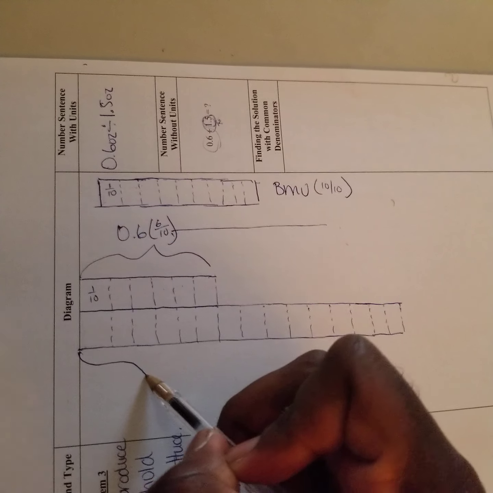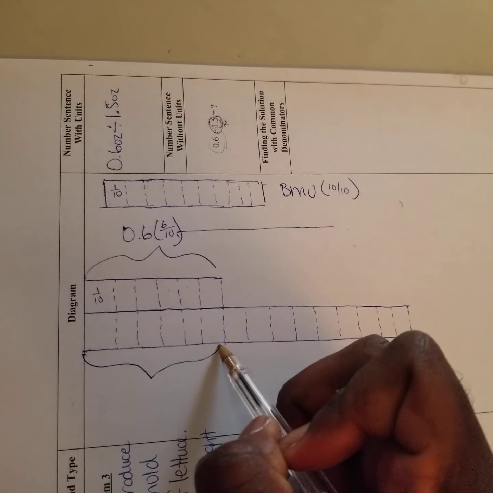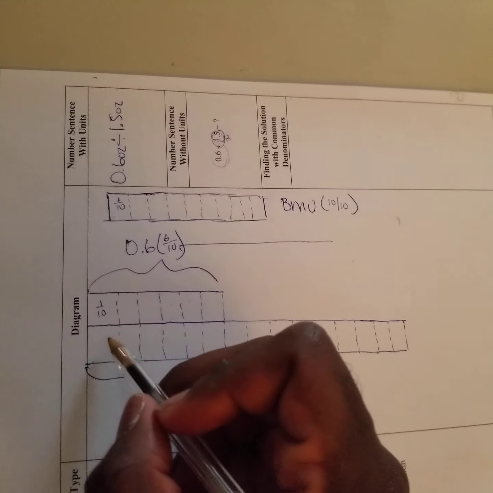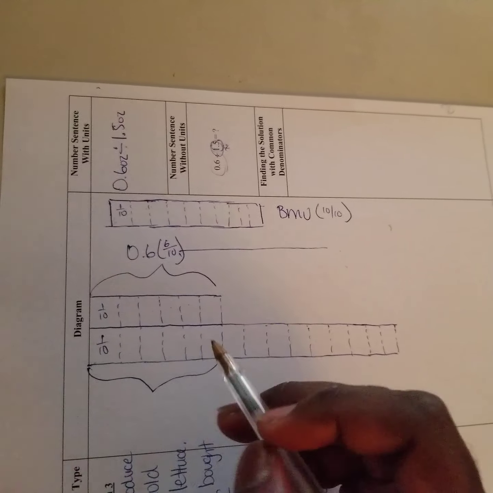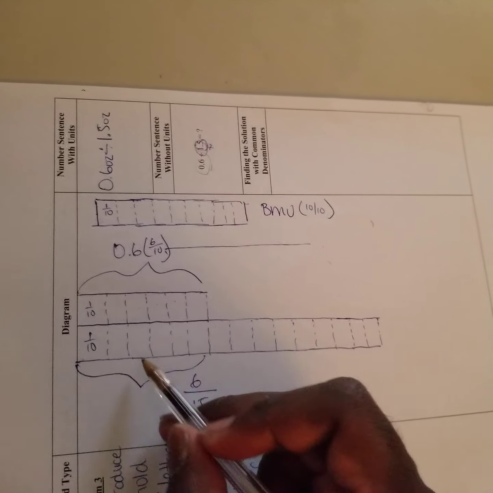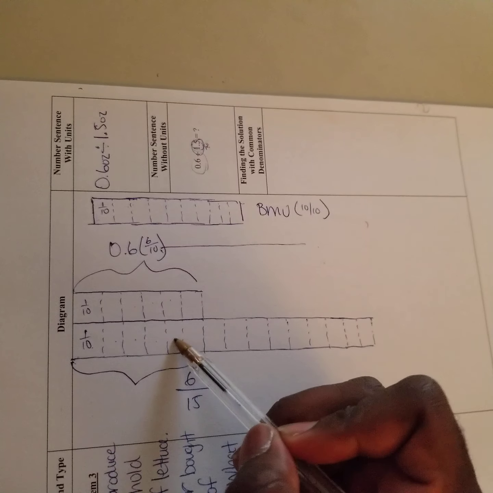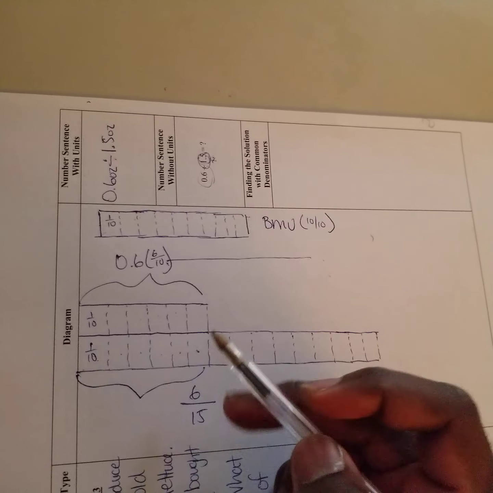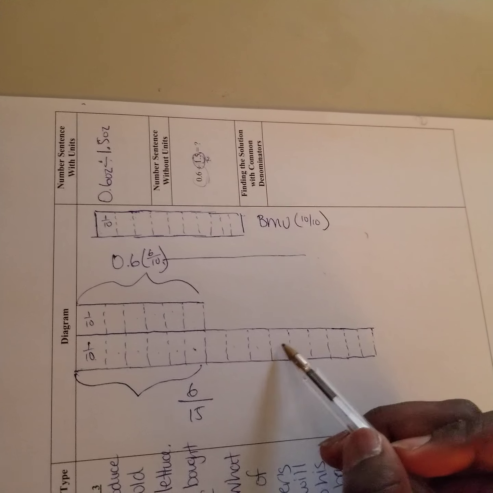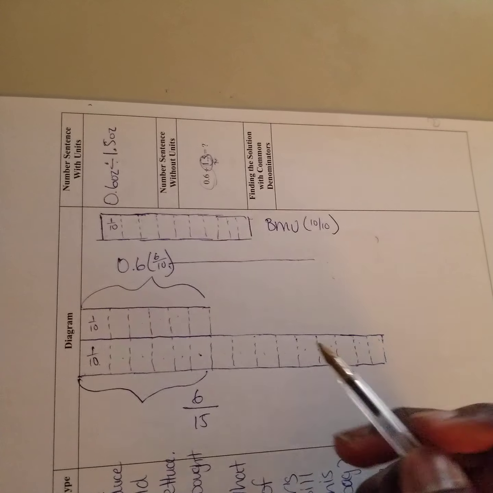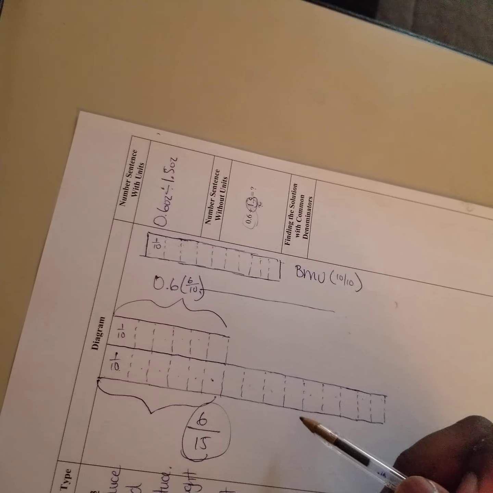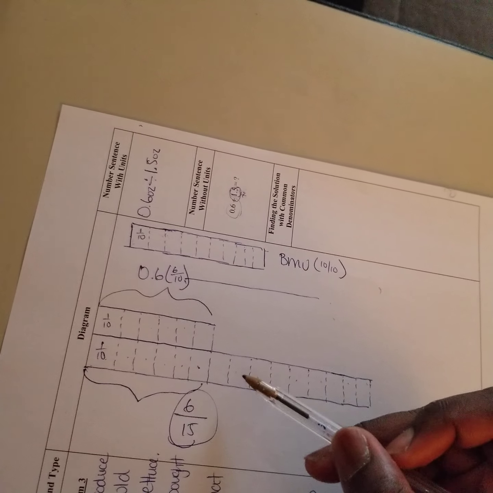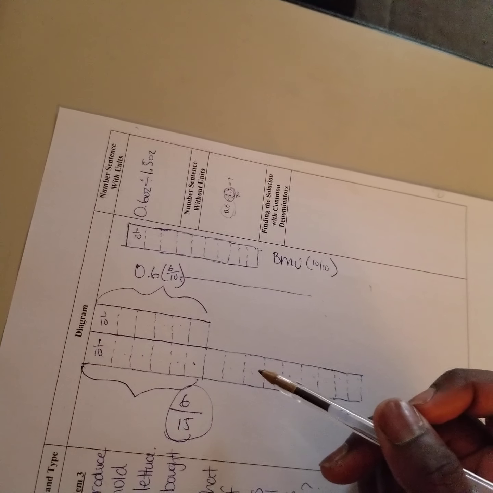So this is the part that fits. In other words, 6 out of the 15 pieces fit. Okay, so what fraction of his sister's lettuce will fit into the bag? 6/15 of it will fit.